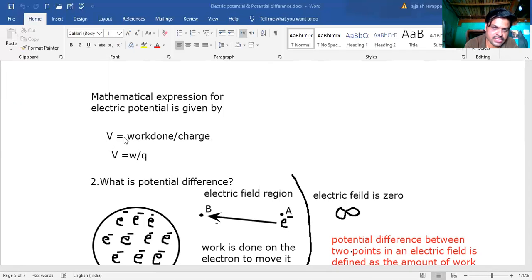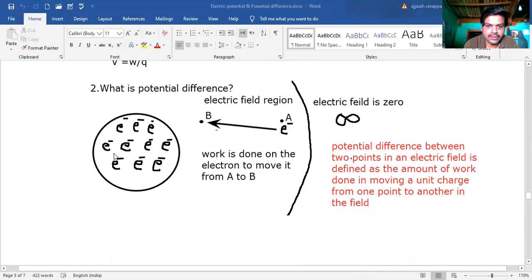Electric potential is the work done to move a unit charge from infinity to that point in the field against the direction of the field. V is the notation we use, and it is equal to work done divided by charge. So W by Q is the mathematical expression we use.